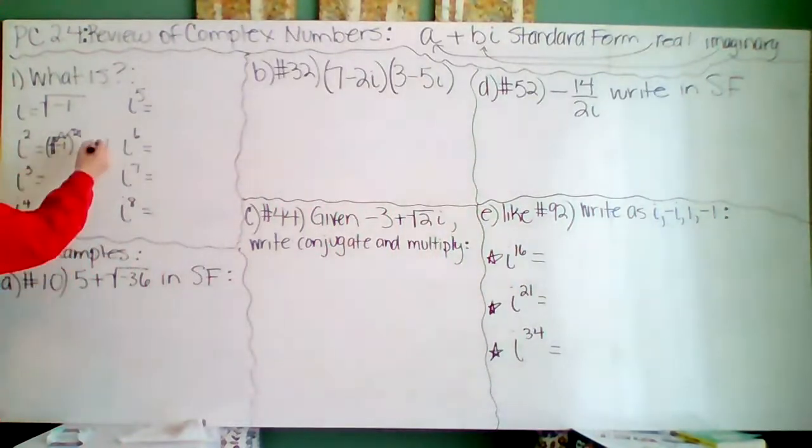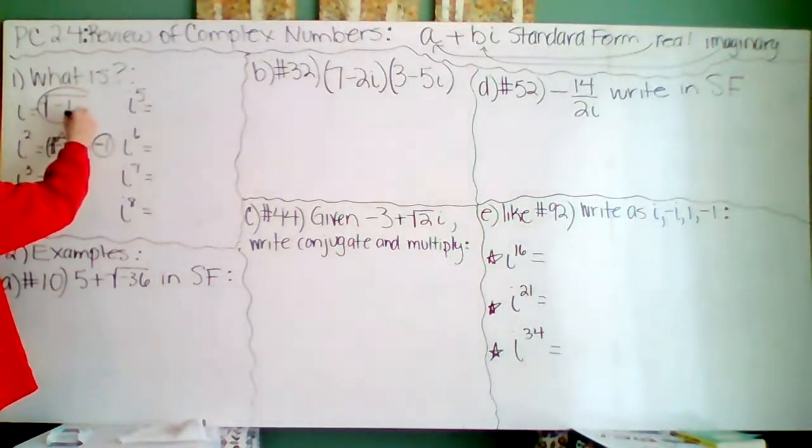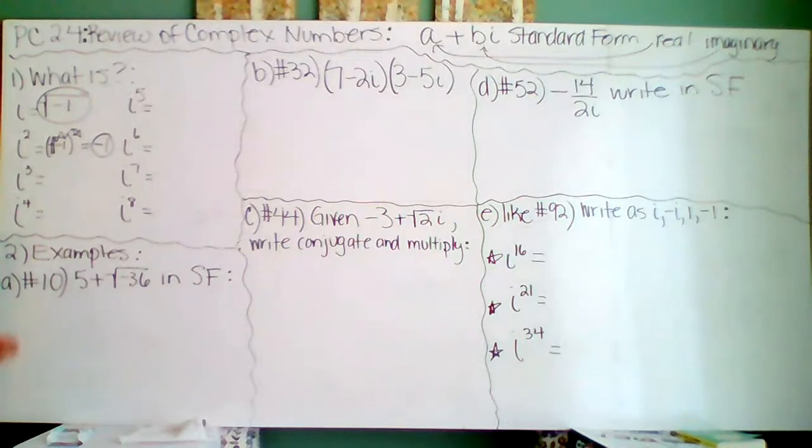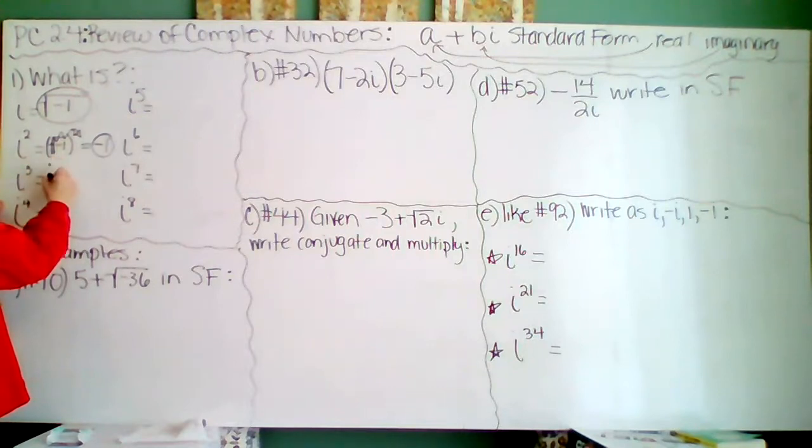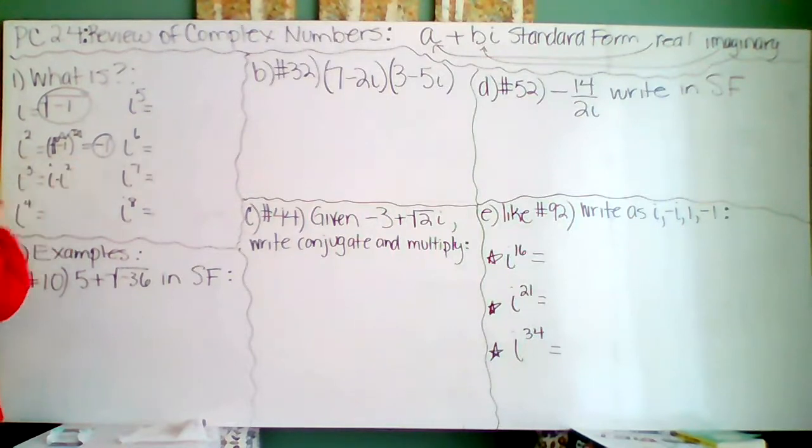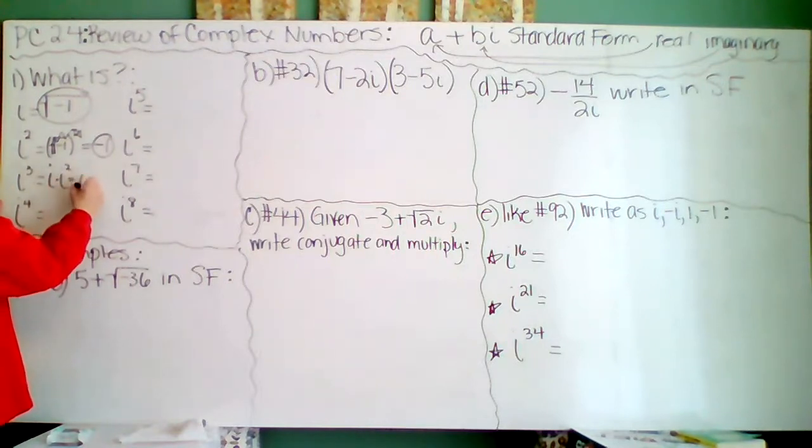What would i cubed be? Well, let me use what I have above. i cubed would be i times i squared, right? And i squared we already said is a -1. So that would be a -i.